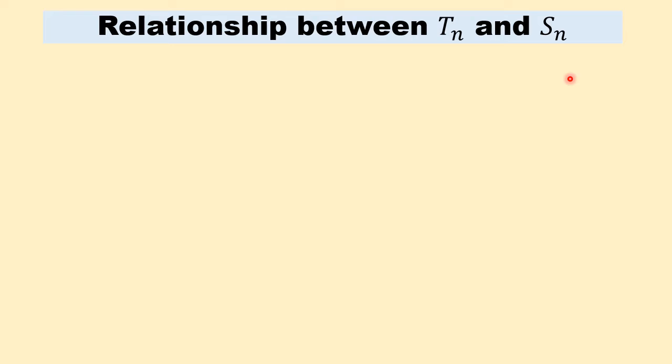I repeat, the relationship that we're going to investigate will only be true provided the sequence is arithmetic. So whatever findings we have for Tn and Sn will only be valid provided the sequence is arithmetic.